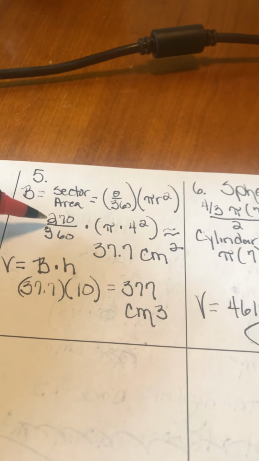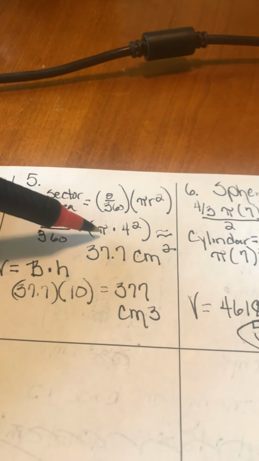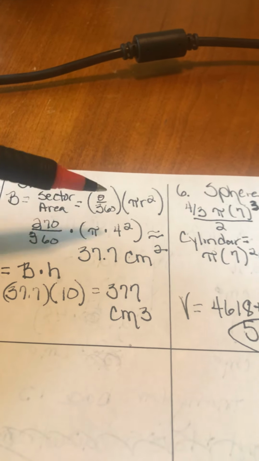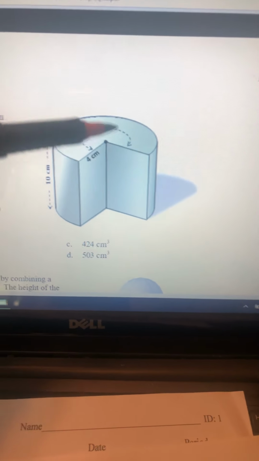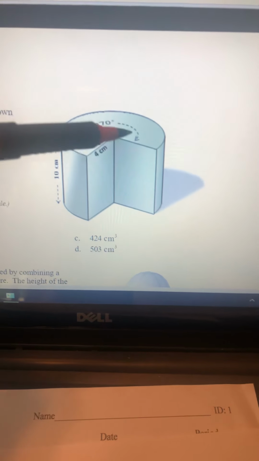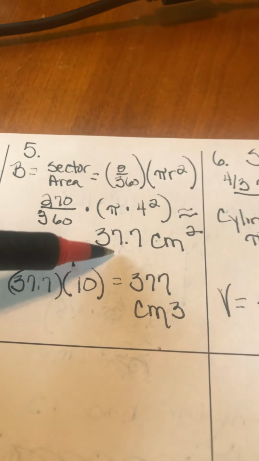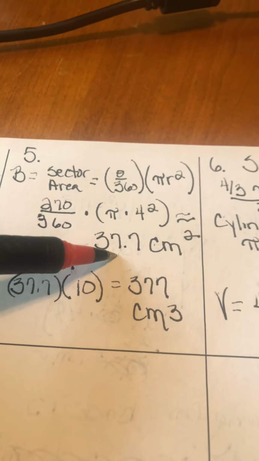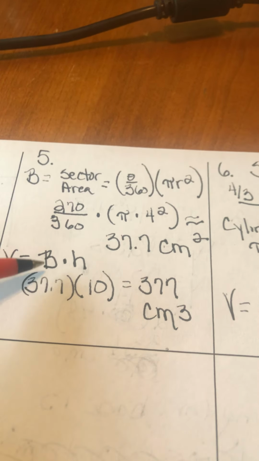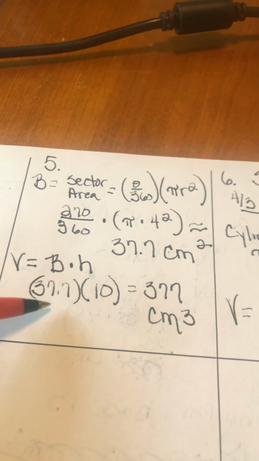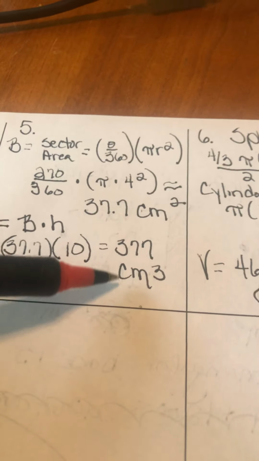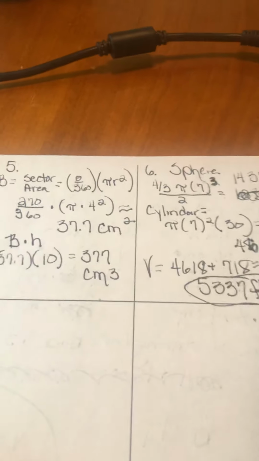So we put our section, 270 over 360 times pi 4 squared, because our radius is 4 and our section is 270 degrees. When I work all of that out in my calculator, I got 37.7. Then we take that base area and multiply it by the height, which is 10, and I got 377 centimeters cubed.